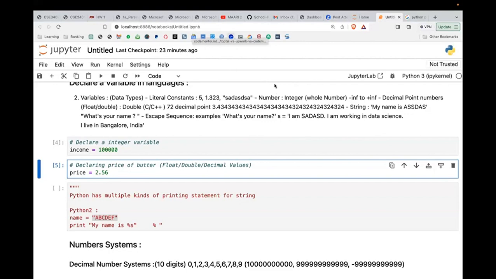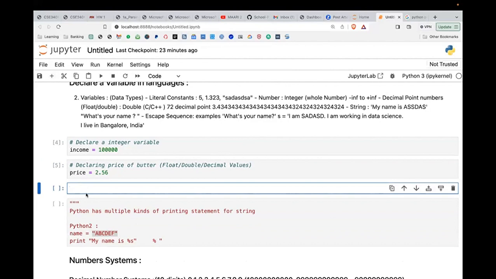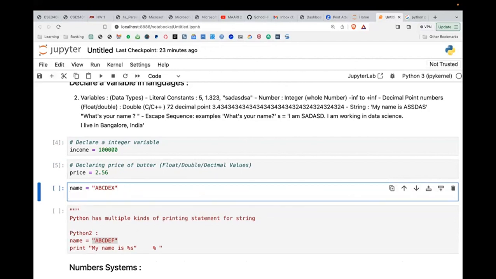Okay, 1 minute. If I wanted to express a string variable like a name, suppose someone wants to declare the name, I will say my name is ABCDEF. I just wrote this name. You can declare the name like this, or you can declare your father's name, F name.